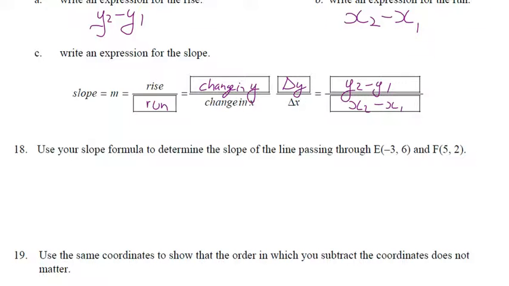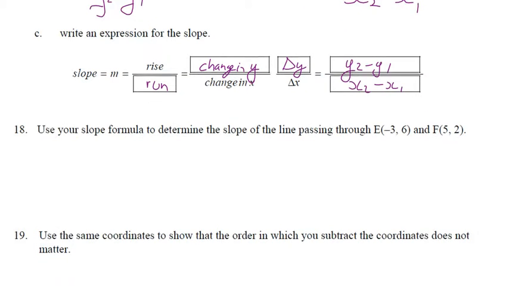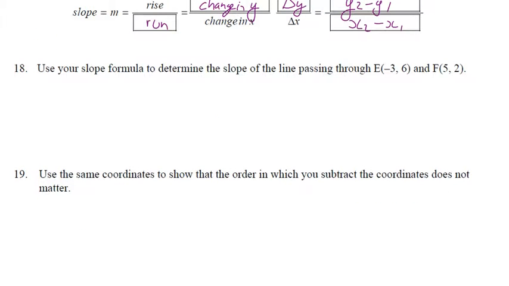Use your slope formula to determine the slope of the line passing through E, negative 3, 6, and F, 5, 2. So here's what we're going to do. We're going to write down the formula. What's y2? 2.